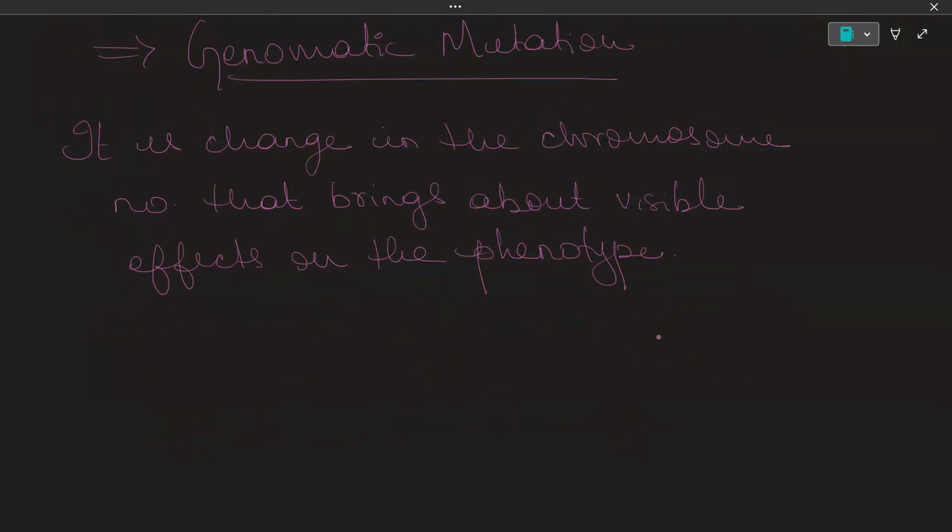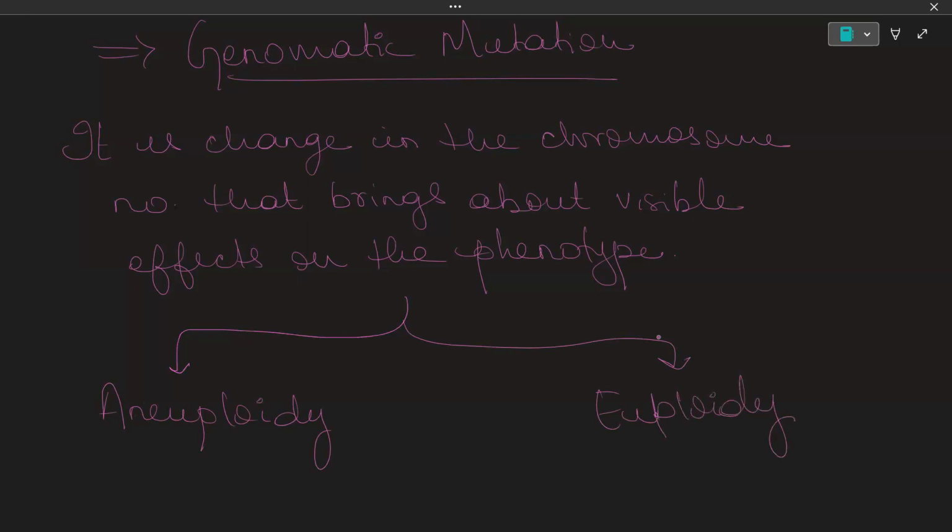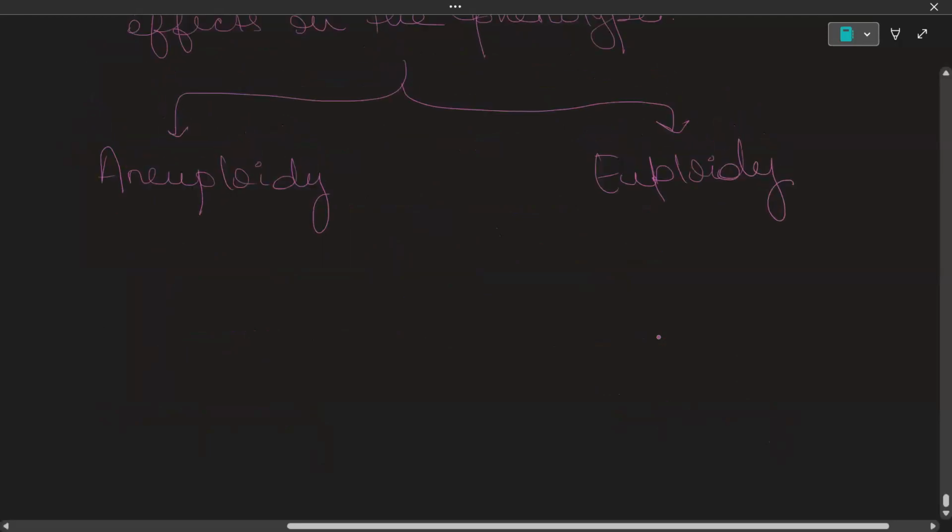So there are actually 2 cases under this. The first case of genomic mutation is aneuploidy. The second case is euploidy. These are the 2 cases of genomic mutation: aneuploidy, euploidy.